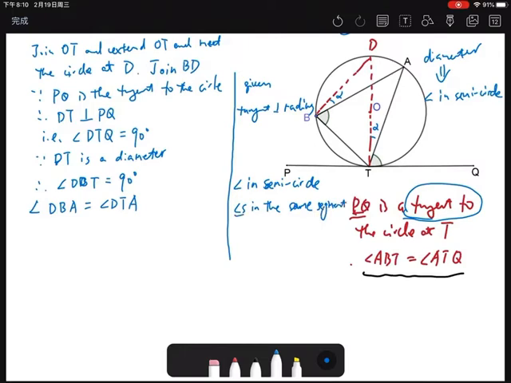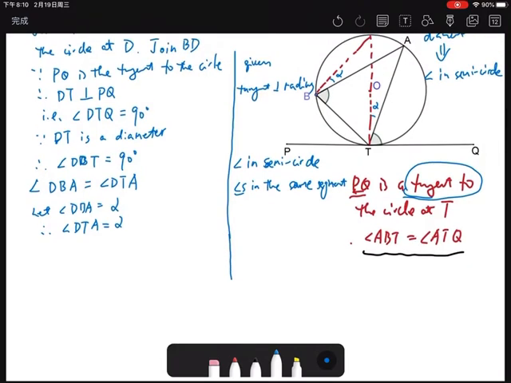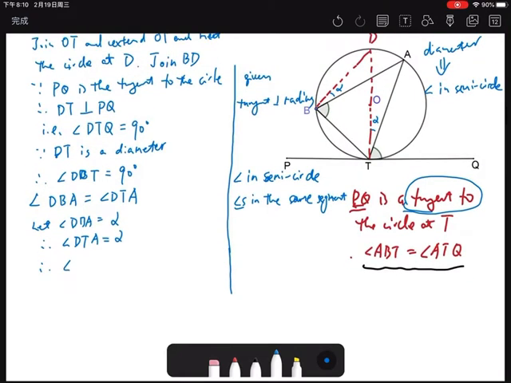You see there are two angles, of course the angles in the same segment. Let angle DBA be alpha. So angle DTA is also alpha.